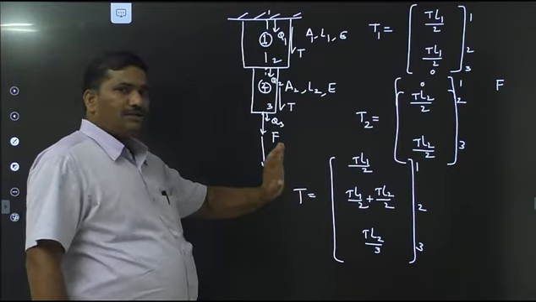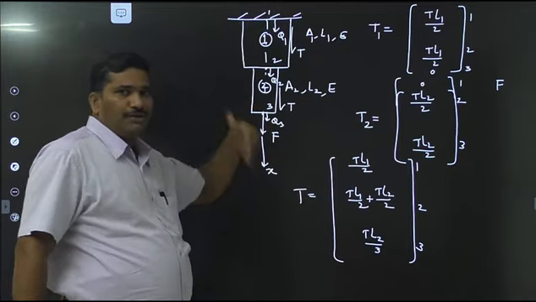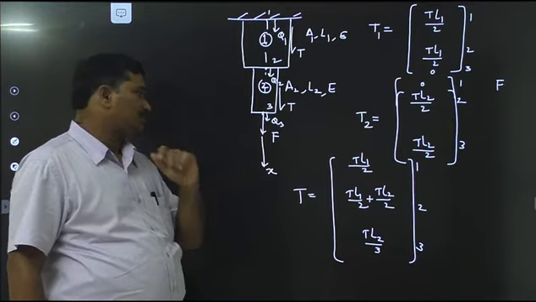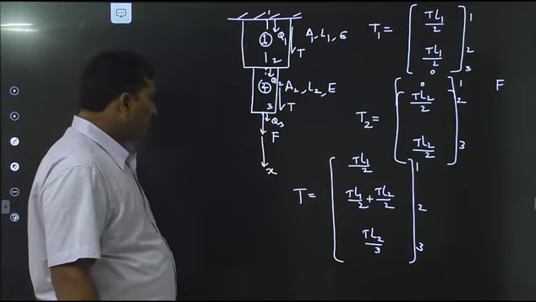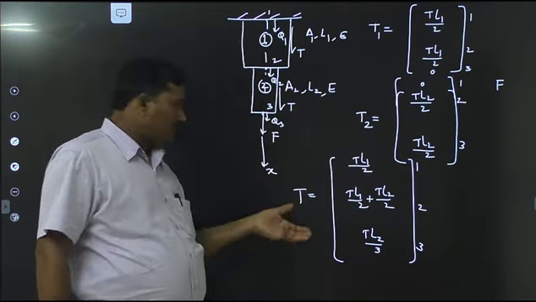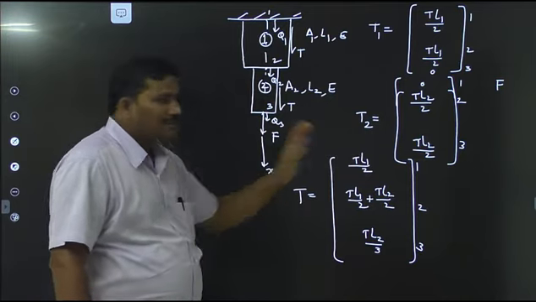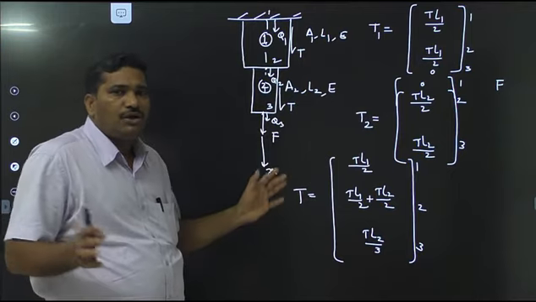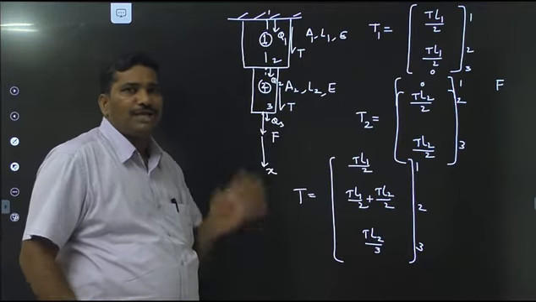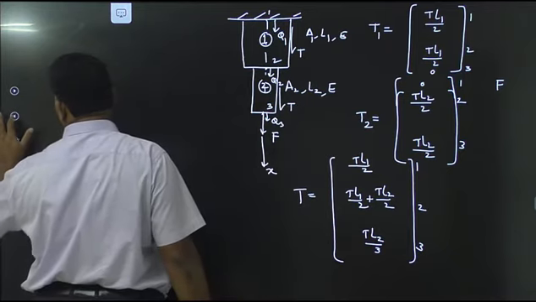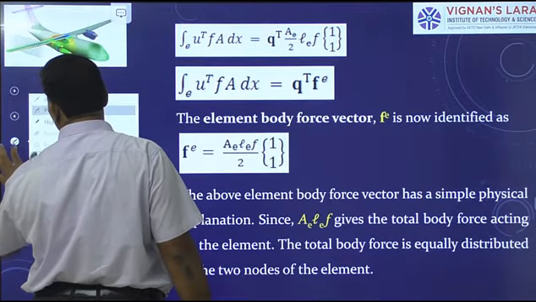In the previous example, we prepared the global body force vector. The global body force vector and this global traction vector. Next, the concentrated force. You have to sum up. Then you get the global load vector. How we get that, we see now.